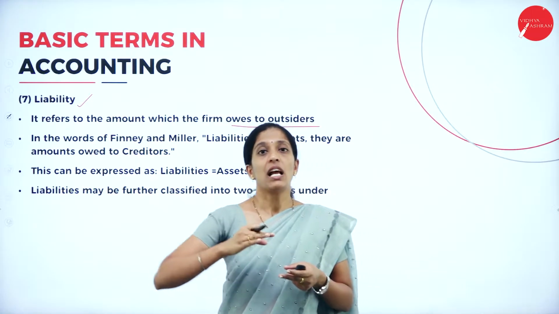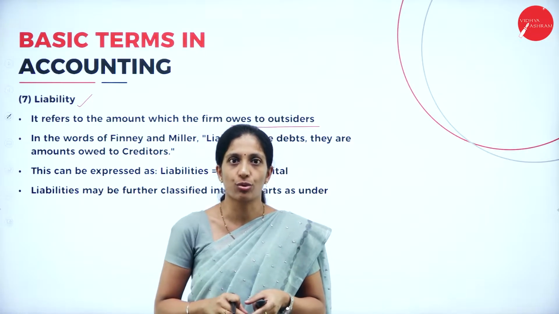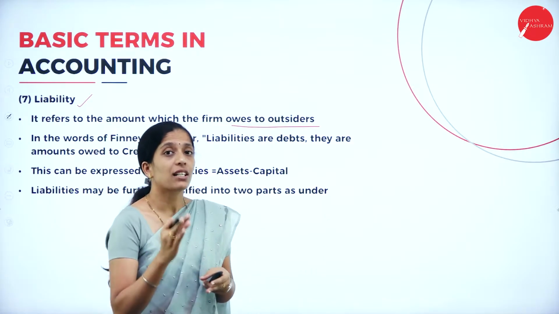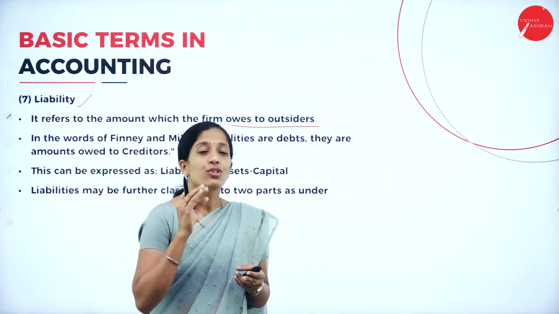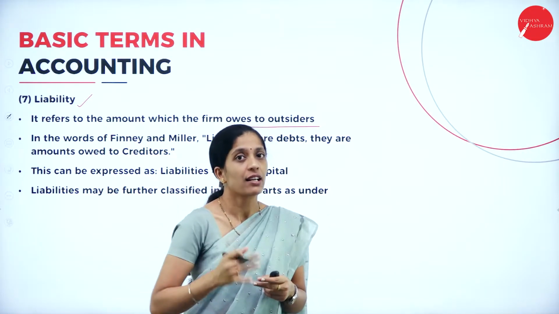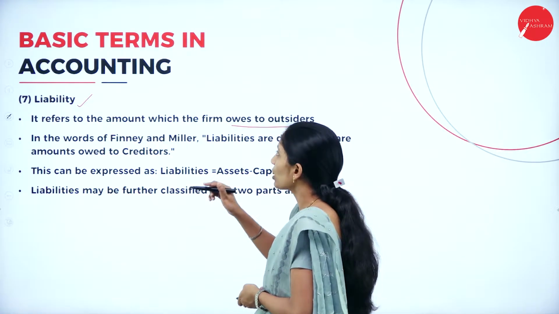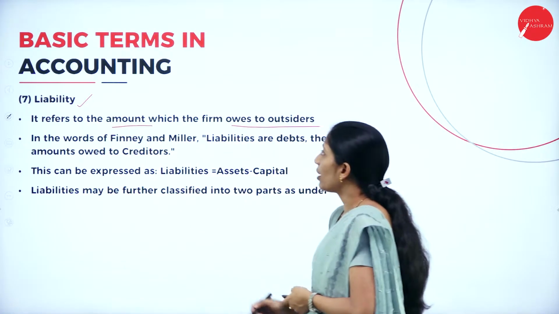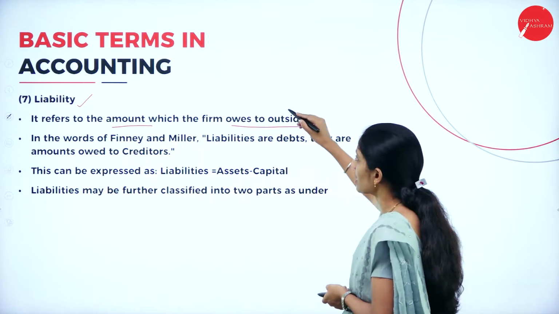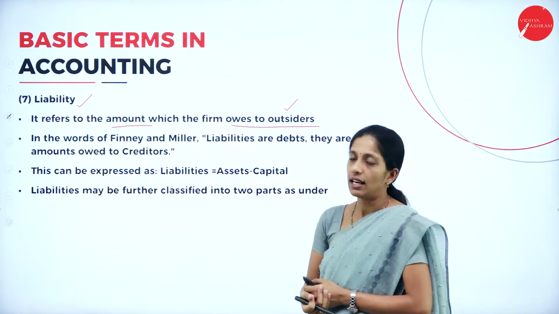For example, if the organization has borrowed a loan from a financial institution, of course it has to be returned. That amount which the organization has to pay back is known as liability. So it refers to the amount which the firm owes to the outsiders, that is, the amount to be paid to the outsiders is called liability.